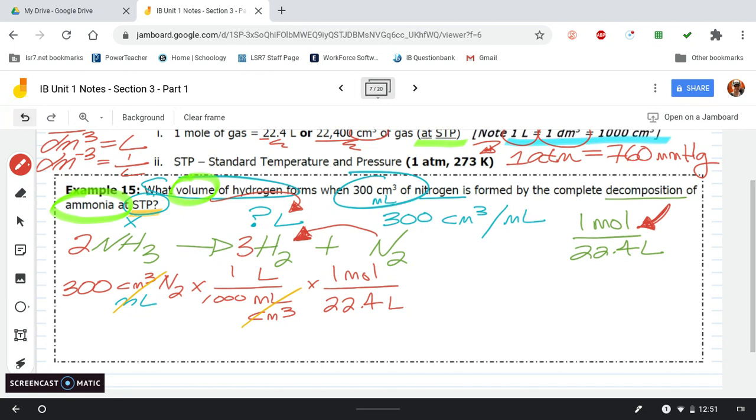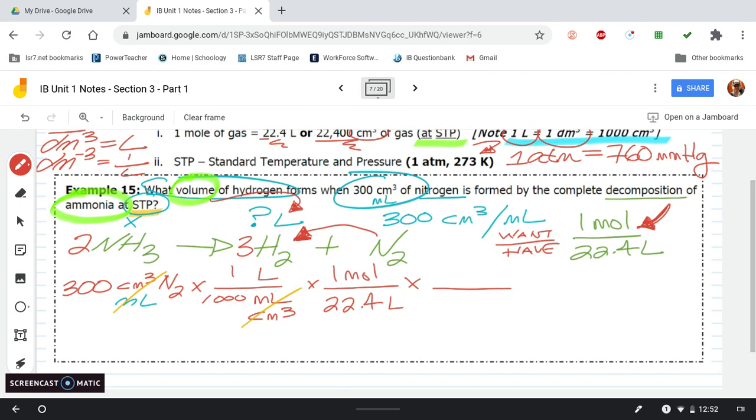All right. So now that we're in moles, we're able to go from chemical A to chemical B. So once you're in moles, you can do that back and forth thing, and we call that the mole ratio. So let's go ahead and do that mole ratio. So remember, the chemical that we want is going to go on top because we're going to create that one, and the chemical we have already goes on the bottom.